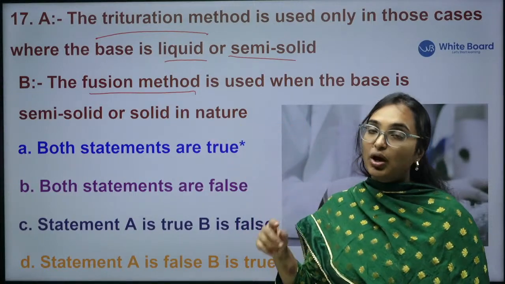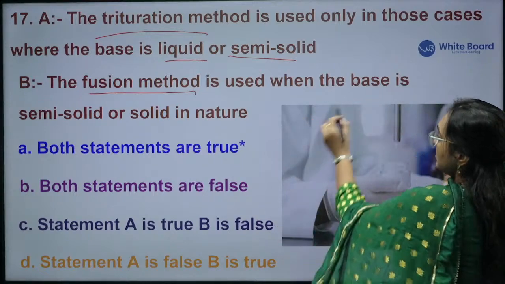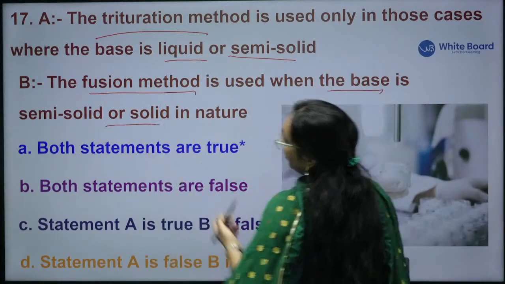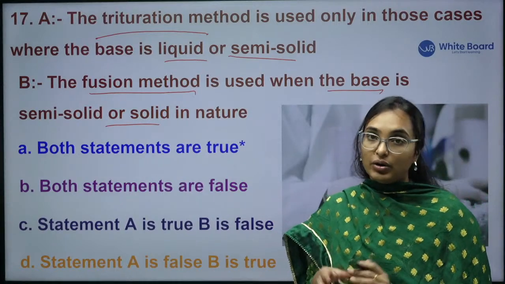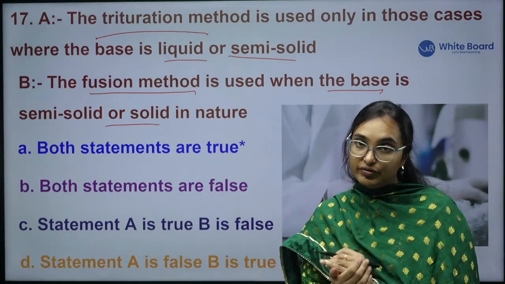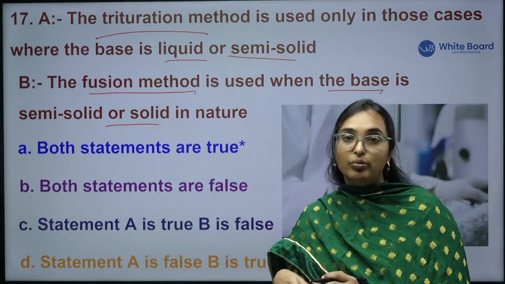The fusion method is what? When the base is solid. First you will go for melting. The ingredients will be melted first and then made into a homogenized mixture.